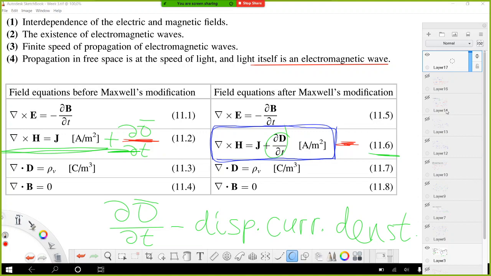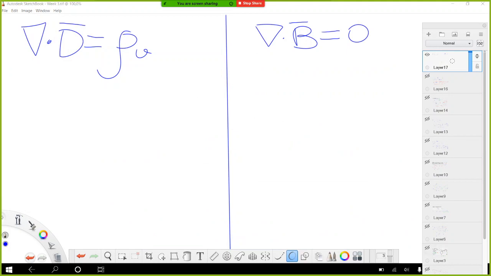Equation 11.7 is divergence of D equals rho V, and let me write divergence of magnetic flux density equals 0.